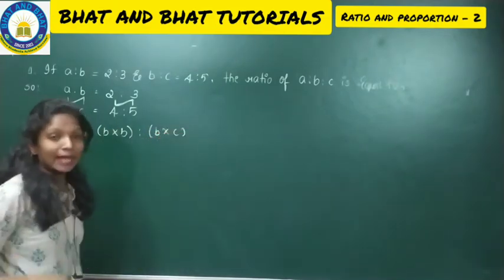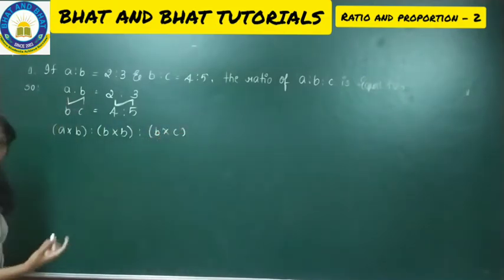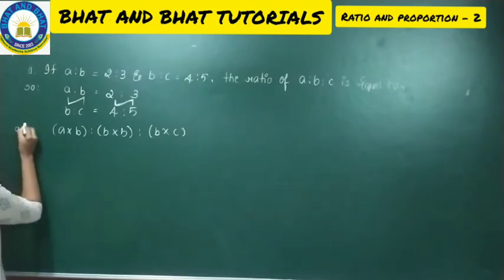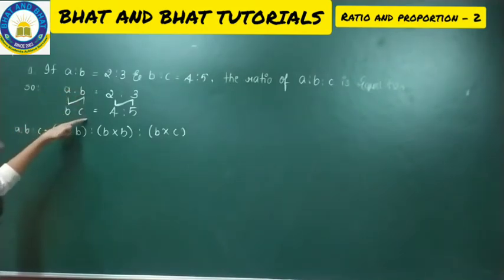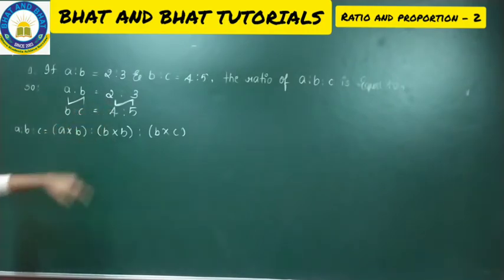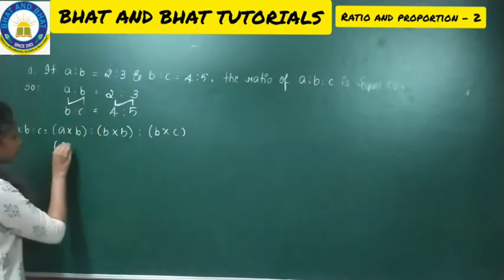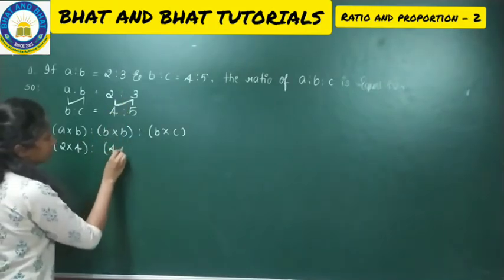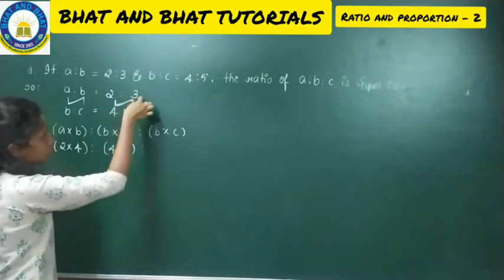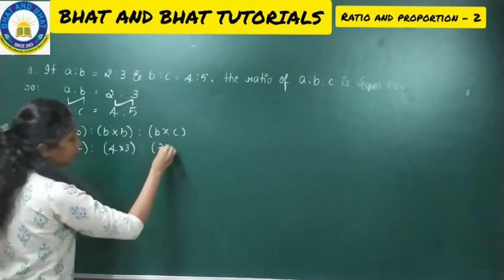Now you will get A is to B is to C. So A is to B is to C is equal to A into B, B into B and B into C. That is 2 into 4 is to 4 into 3 is to 3 into 5.